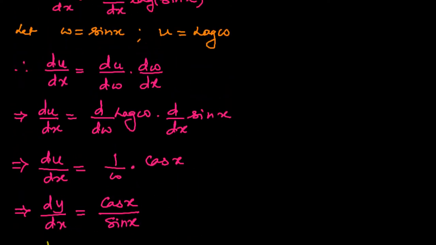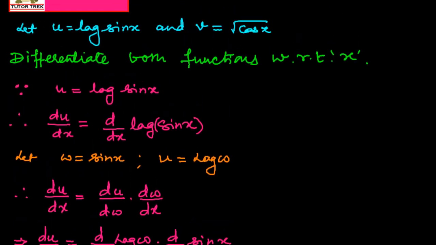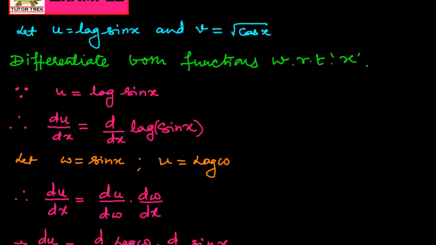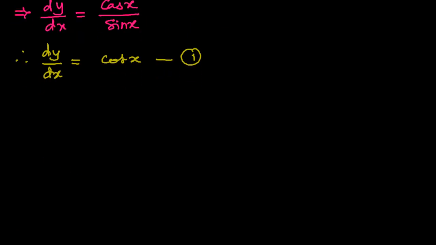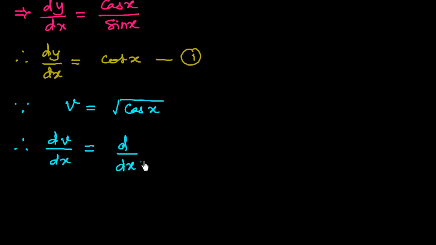Now we differentiate another function, which is v is equal to root cos x. Because v is equal to square root of cos x, we differentiate this with respect to x. Therefore, dv over dx is equal to d over dx of square root of cos x.